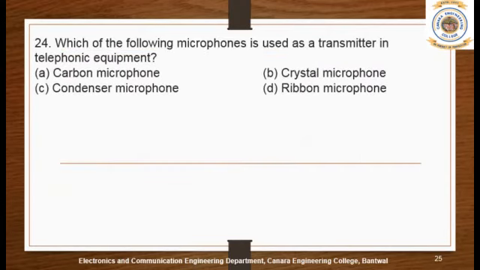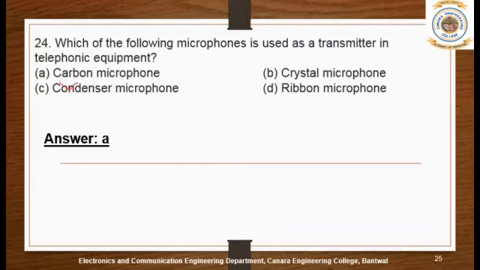Then, which of the following microphones is used as a transmitter in telephone equipment? Normally it is a carbon microphone, which was used earlier in a headset or handset, what we call the transmitter of telephone equipment. We normally use it as a receiver as well. So that is using a carbon microphone.